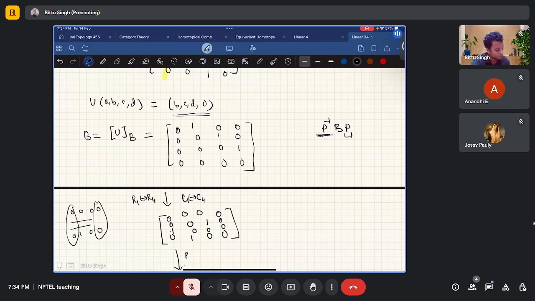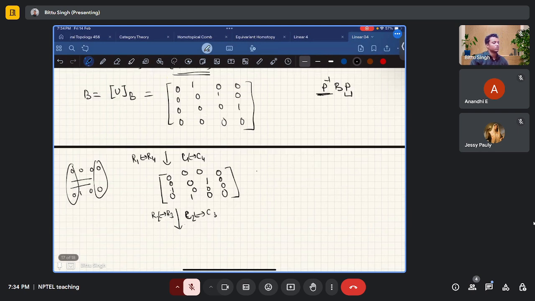So we perform R2 exchanged with R3, so it will automatically exchange C2 and C3, because we need those types of symmetric operations. If we apply some row operation, then the inverse operation, which is again a similar exchange, needs to be performed.